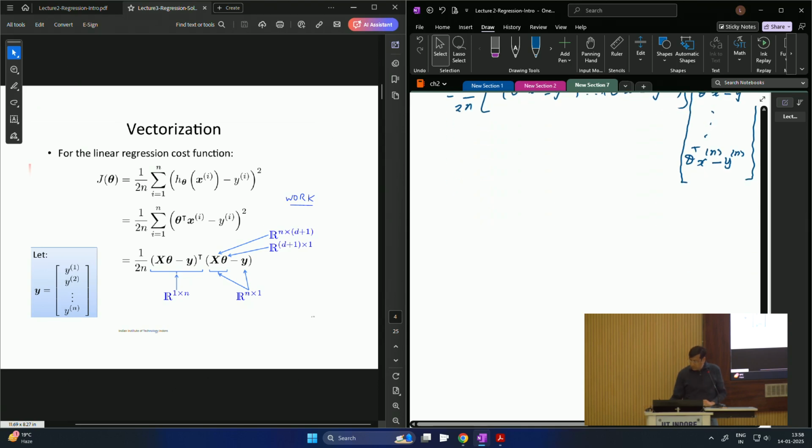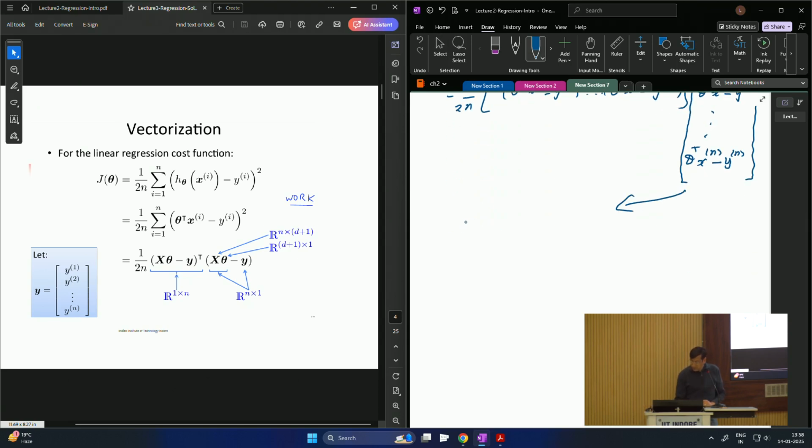So let's say I had to write this guy. This is theta transpose x1 minus, so I can write this as theta transpose xn minus y1 till yn.